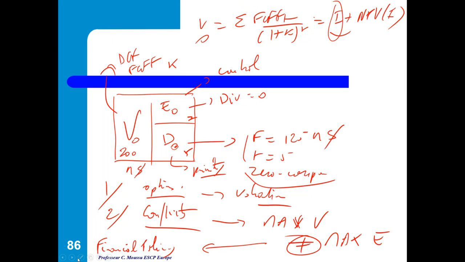This is about agency theory and how we can design an optimal capital structure given those conflicts. We will discuss that. But options are useful to understand the existence of the conflict. So basically, the first thing that we want to do is to discuss valuation. Okay, and this is what we will do.